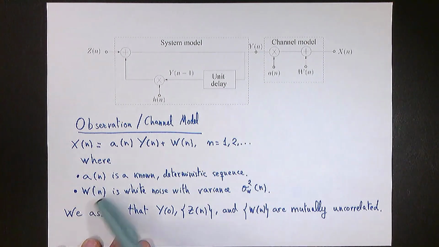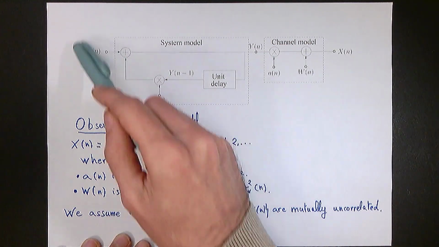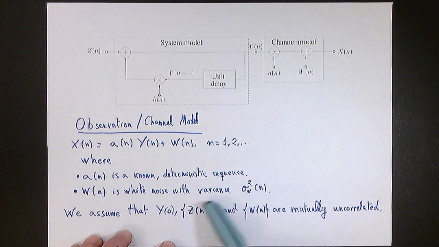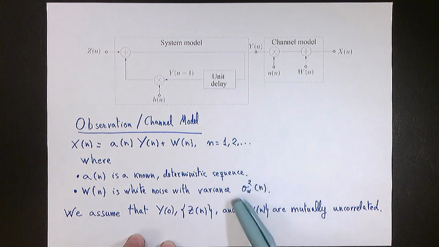The noise process w of n is similarly defined as the other noise process z of n. It is a white noise process with a variance that can also change with time, sigma w squared of n.